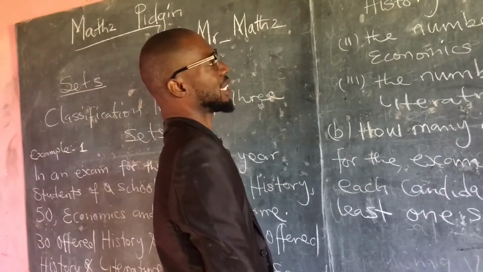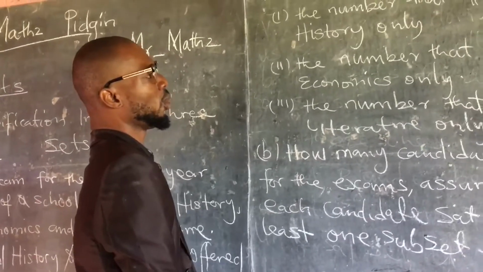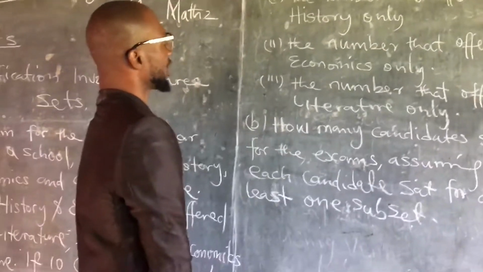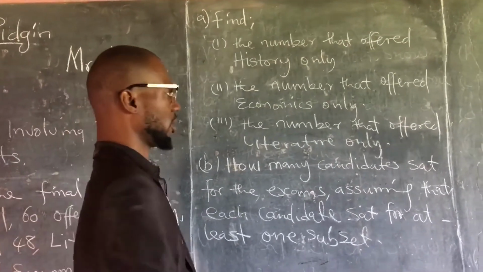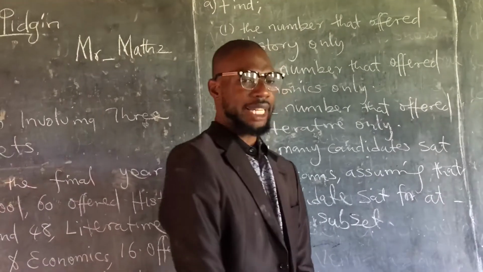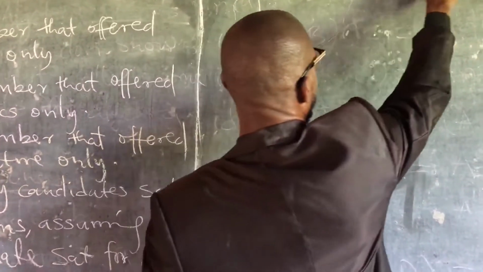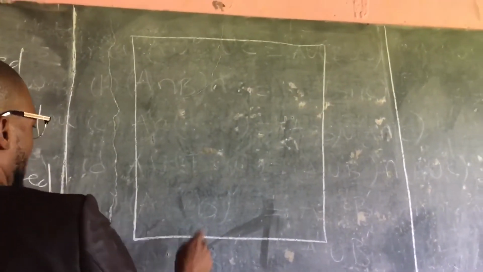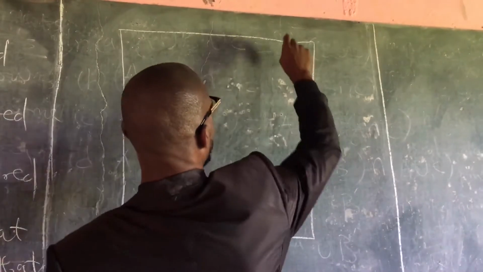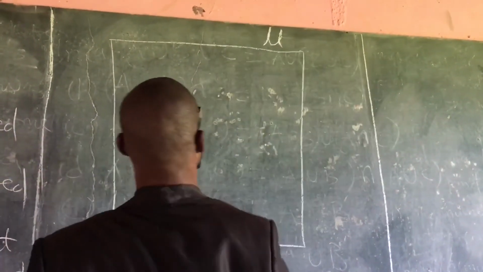So whichever one they give you, you can tackle it as we use the Venn diagram to answer these questions. So if you are ready, first we will represent our Venn diagram like this. We have our Venn diagram and then our universal set like this.